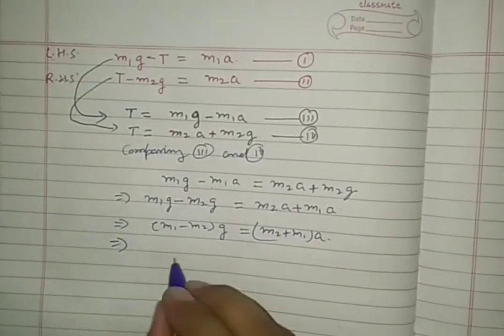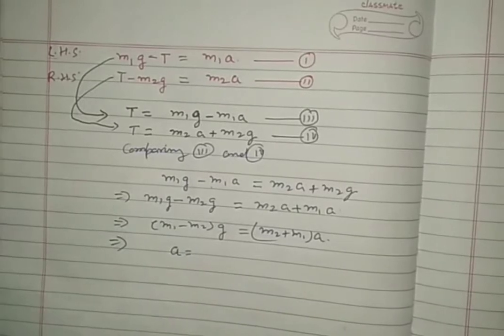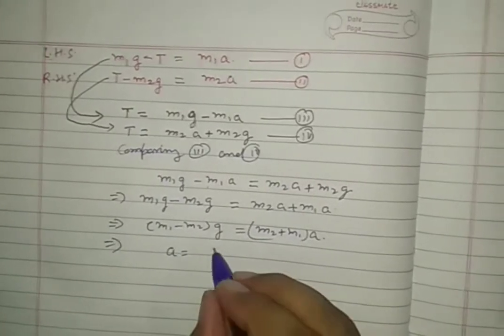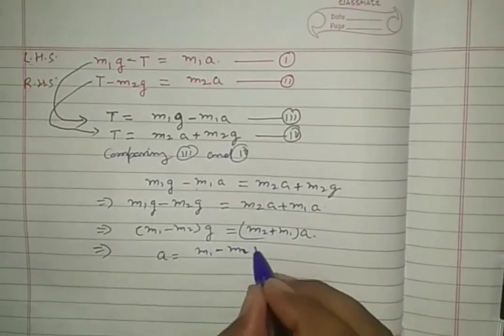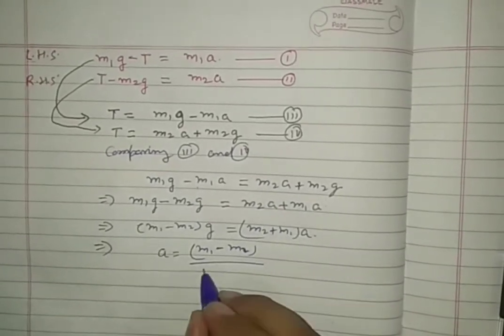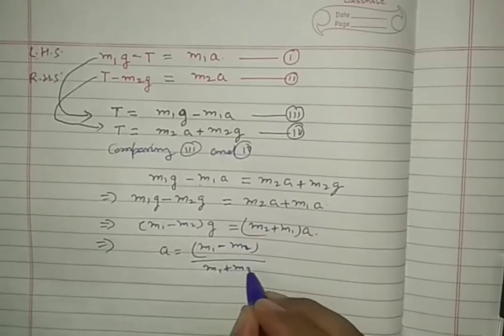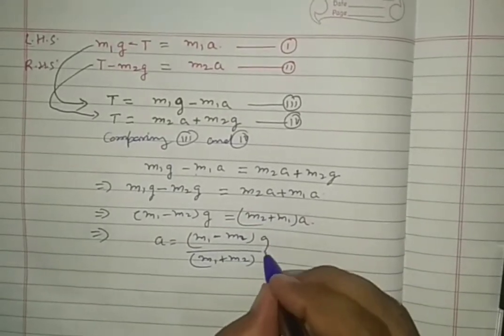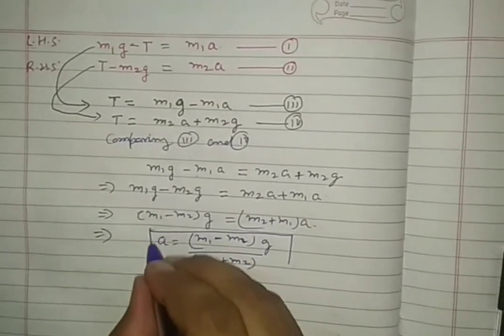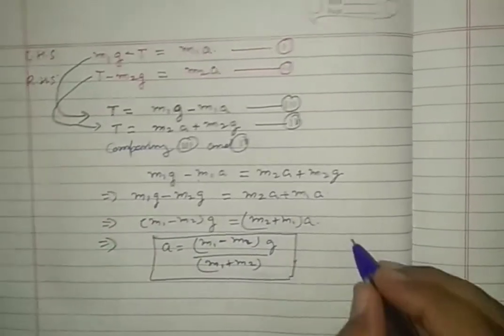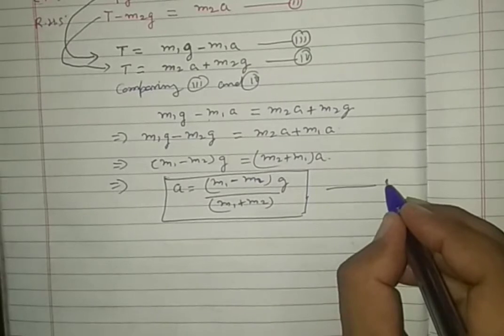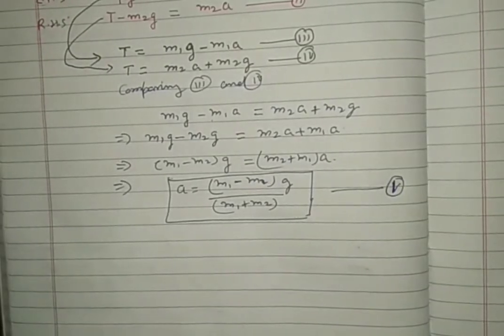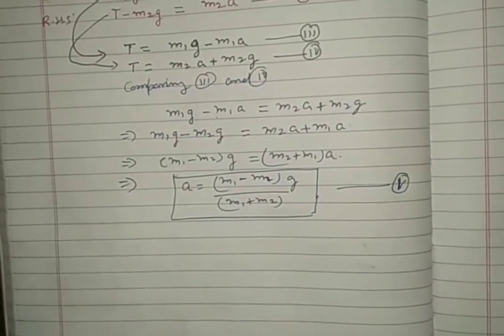Taking G common, M1 minus M2 times G equals M2 plus M1 times A, so A equals M1 minus M2 divided by M1 plus M2, times G. The acceleration in the string is obtained by this equation number 5.